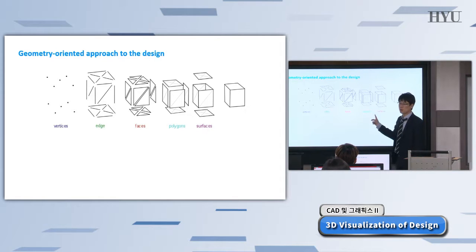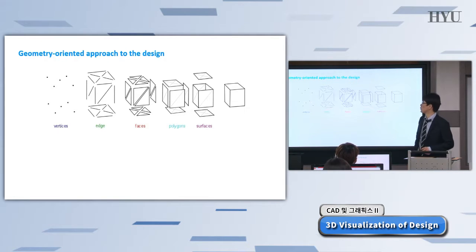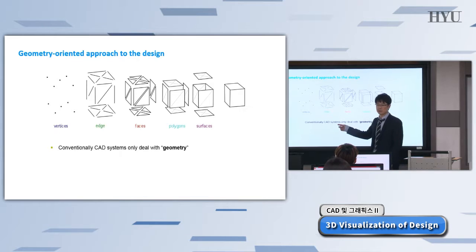Faces, so-called polygons, go on to make this kind of product, okay. This is the geometric shape of your design, the geometry-oriented approach to the design. So in conventional CAD systems, such as AutoCAD, SketchUp, even 3D Max, one of our major tools for this semester, the tool is in charge of handling those things, okay? Geometric aspects of design.